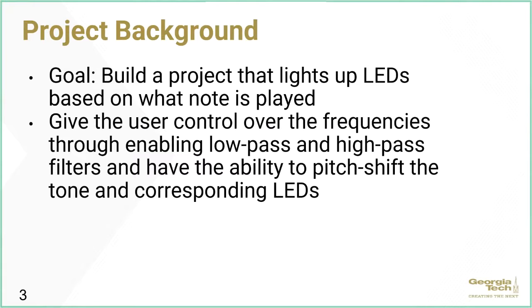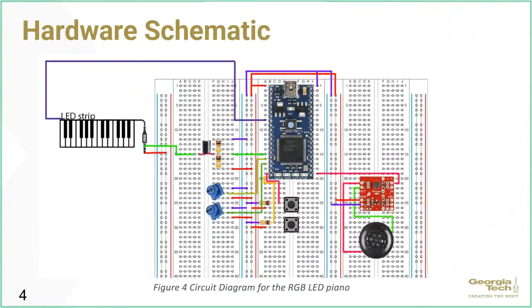Also, there is an ability to pitch shift the tone from the device itself via the potentiometers that we have installed. The general layout of the project looks something like this. You can obviously change where the other stuff is.